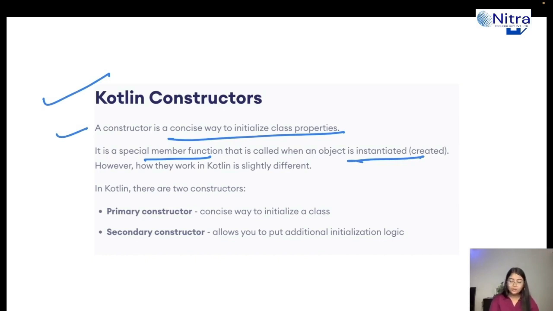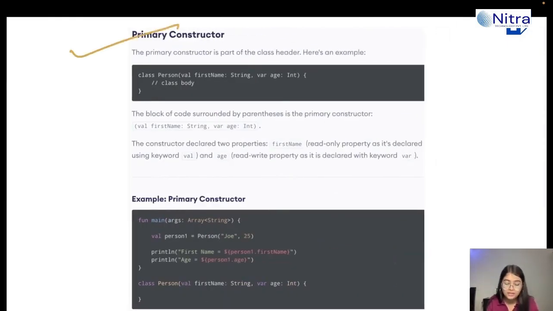However, how they work in Kotlin is slightly different. In Kotlin there are two types of constructor: primary constructor and secondary constructor. So talking about the primary constructor, the primary constructor is part of the class header itself. This is a good example here: class Person, and then we have variables here, firstName and age, and this is the class body.